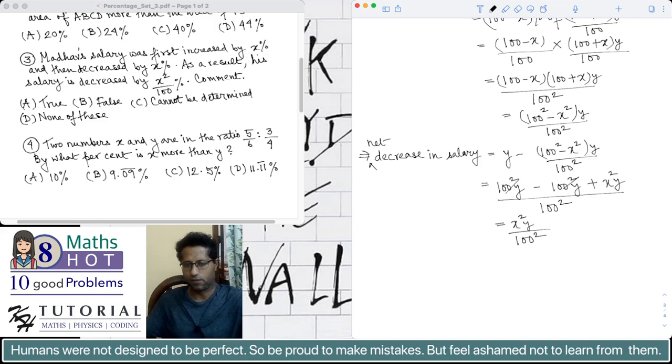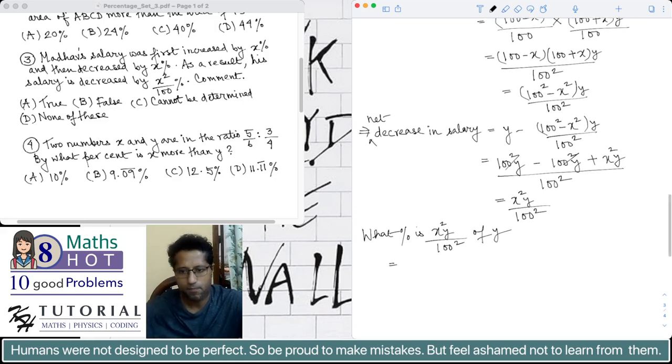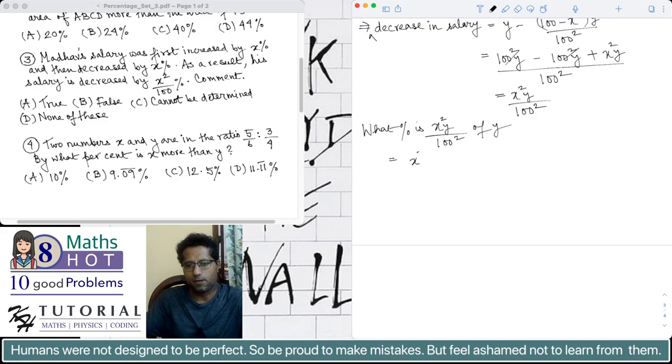Now we have to find what percentage is X square Y by 100 square of Y.